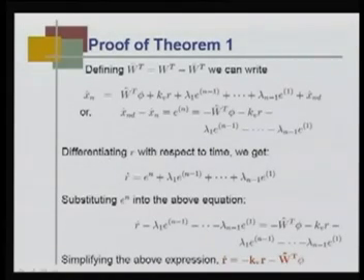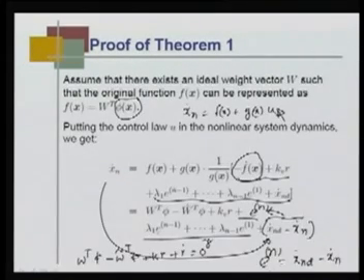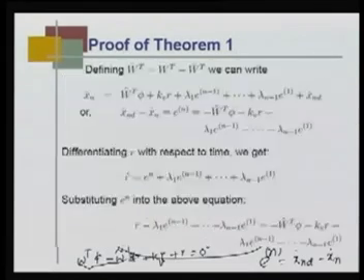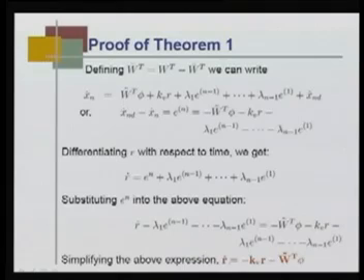R dot, as we saw earlier, is k v r plus R dot, and this is W tilde transpose phi. So, that is exactly what is here. So, R dot is minus k v r minus W tilde transpose phi.